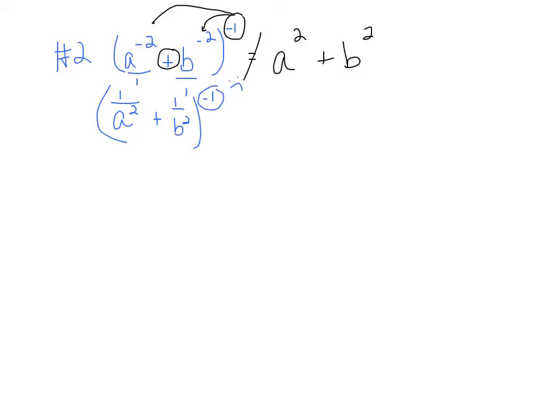All right, but what we're going to do to add these two fractions together, since we can't distribute with that negative 1, we need a common denominator first. So let's get a common denominator. What's the common denominator for a squared and b squared? Well, it's a squared b squared. So we're going to make both of these over a squared b squared.